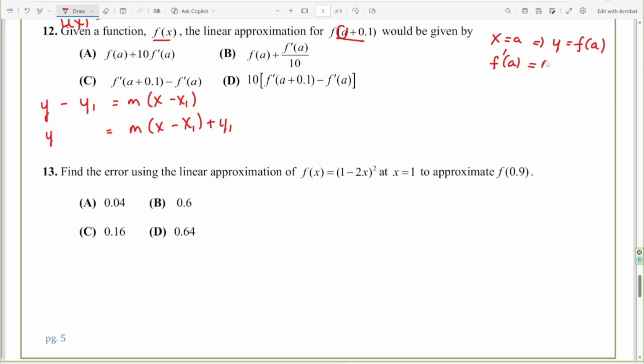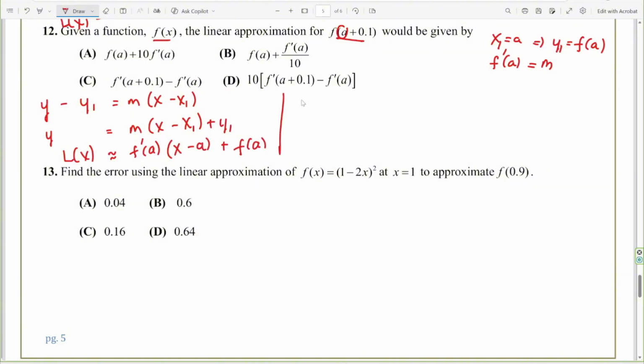And this guy is actually the slope, right? So substitute this guy right here, x1, and this guy, y1, back in right here. So we have y, actually L of x, right, equals m, which means f prime of a times x minus a plus f of a, right?